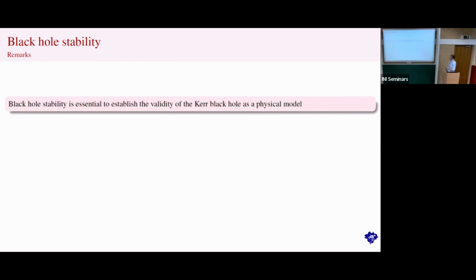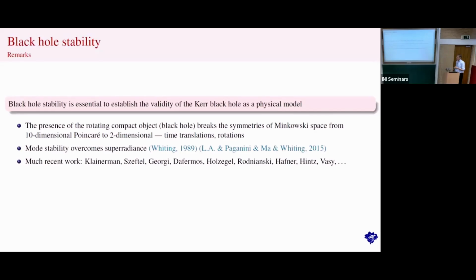This stability is essential to the validity of the Kerr black hole as a physical model. This means that if it would turn out, which we still don't know, that rapidly rotating Kerr black holes are dynamically unstable, they would not be able to form in nature, so to speak.